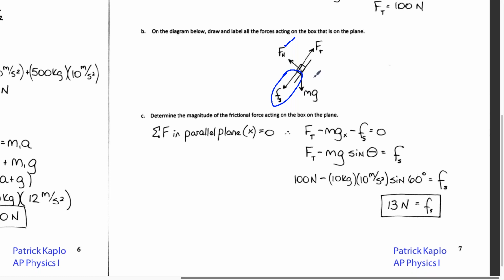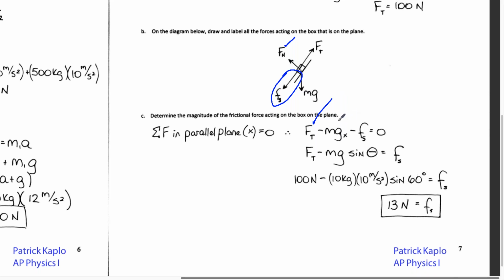Then part C says determine the magnitude of the frictional force acting on the box on the plane. Well, when nothing's moving, we know that the tension force of 100 newtons is the same as it was in part A. So that's not too bad.